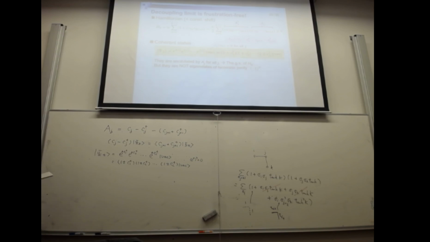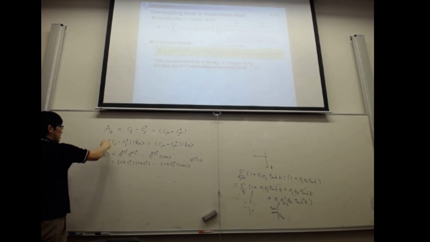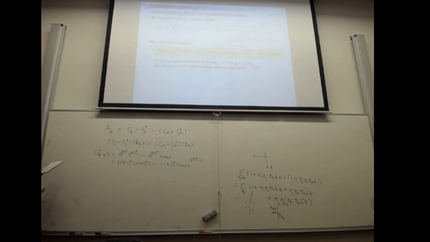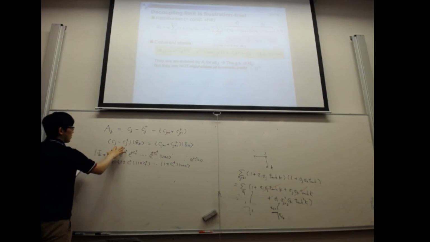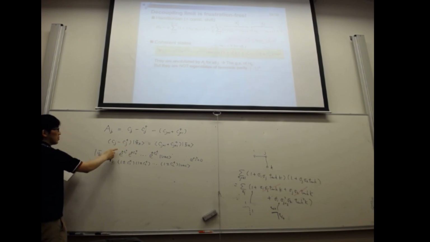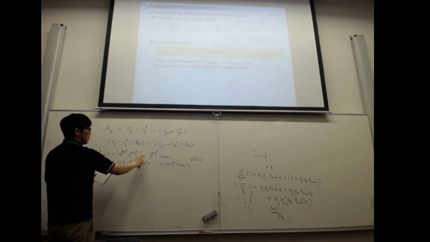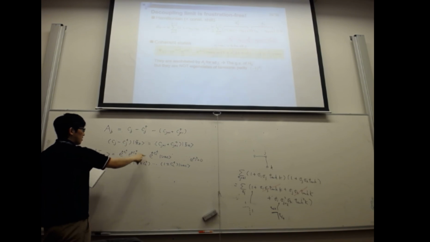Let me first compute the left-hand side of this equation. If you commute this guy with e to the plus-minus c_1 dagger, then you will flip these signs, because if j is not equal to 1, they anticommute with c_1 dagger. So you can take this c_j minus c_j dagger all the way to the j's and so on.